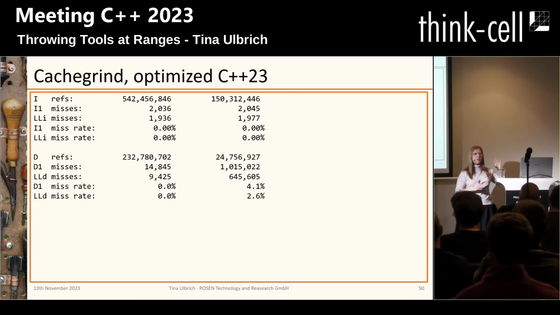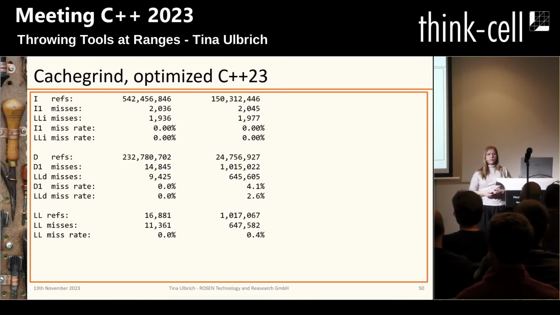For the other versions, we got rid of two, but now we introduced one temporary vector. Now we need to write it and read from it, and this is what increases your data misses. But still, I don't think this rate is super high. Of course the percentage went up, but this is what we're living with, and it is also the exact reason why we now do more work in the level 2, in the last level cache.